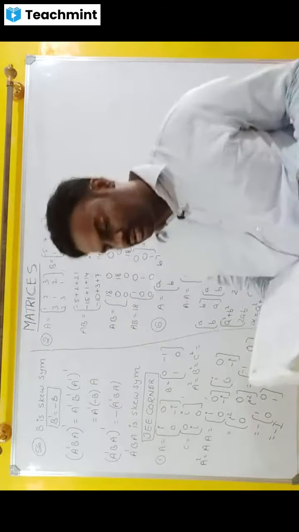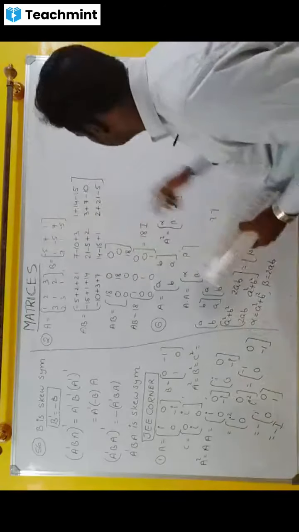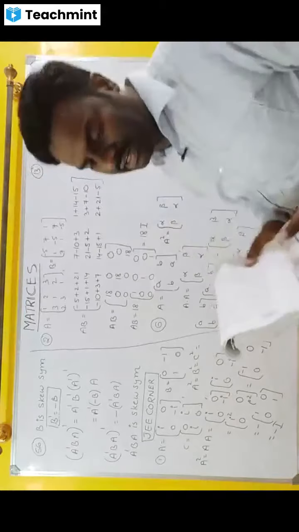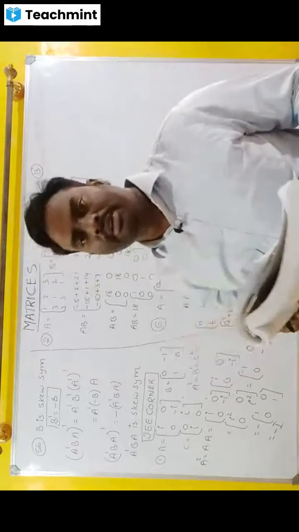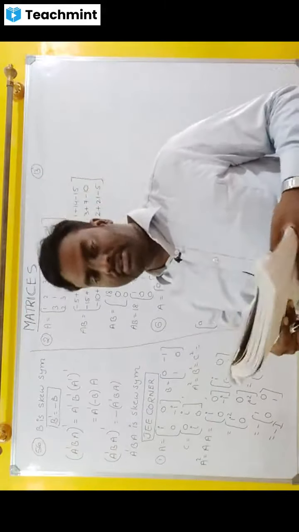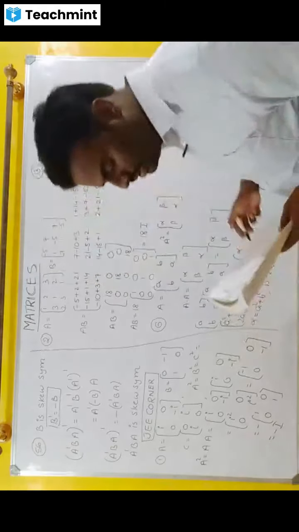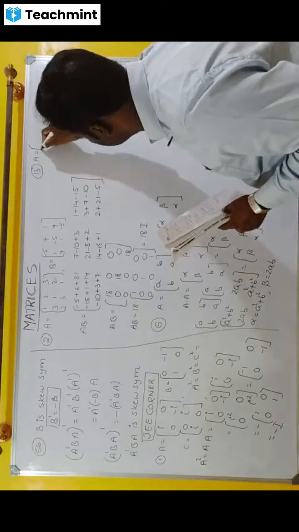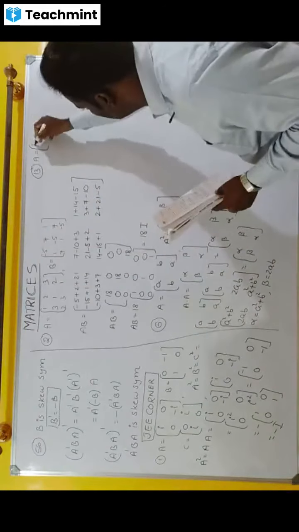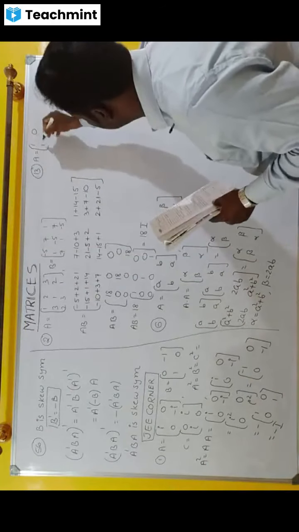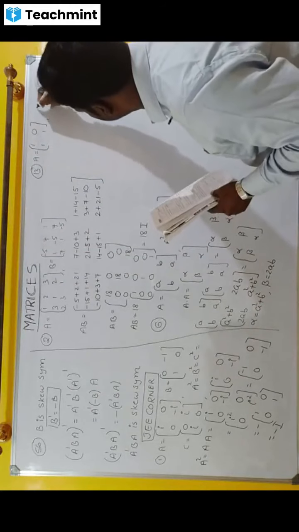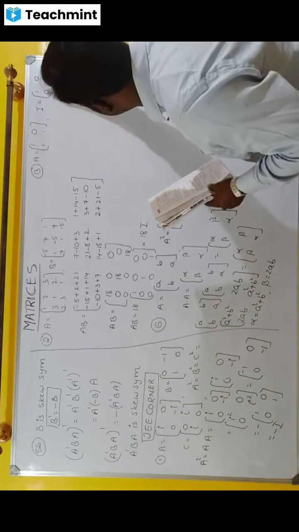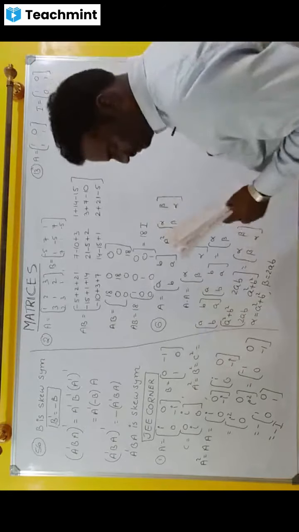Okay. Next, we will discuss question number 13, because all the questions in between are determinants questions, but we are explaining the matrices questions first. In the 13th question, A equals [1 0; 1 1], I equals, already we know, [1 0; 0 1].